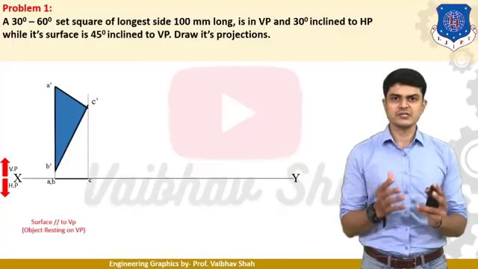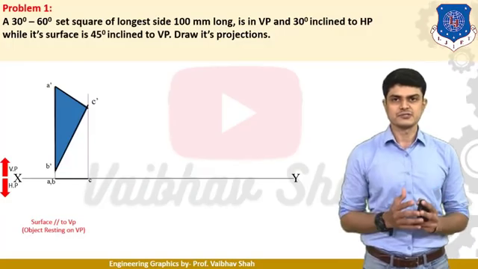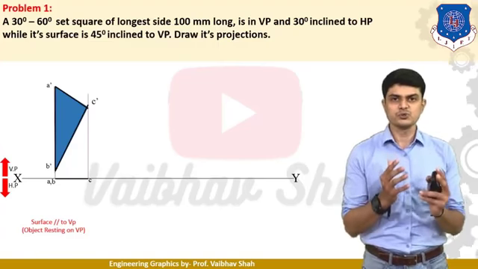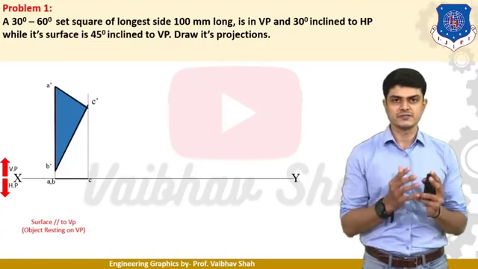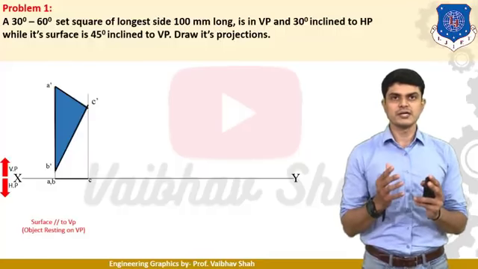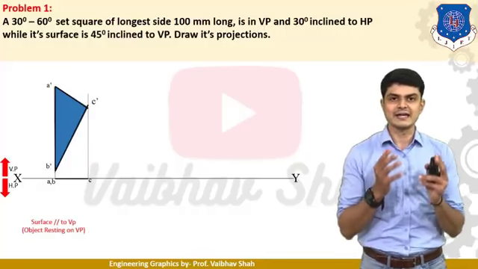After having this first stage drawing, we should find out the second stage conditions. As your object in this case is resting in VP, we should solve the condition of VP first. So let us find out the condition of VP from the problem. Here it is said that its surface is 45 degree inclined to VP.